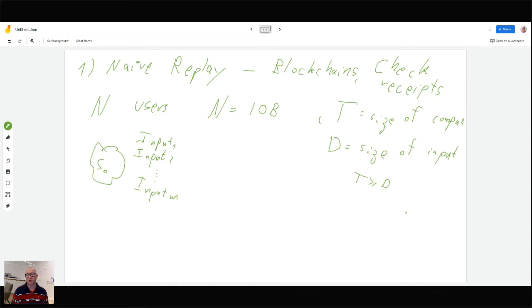But T could be much greater than D, because we need to read at least each bit of the data. So we need to do at least D steps in our computation, but maybe each time we read some piece of input, we need to do much more. Okay, so we have these M inputs.